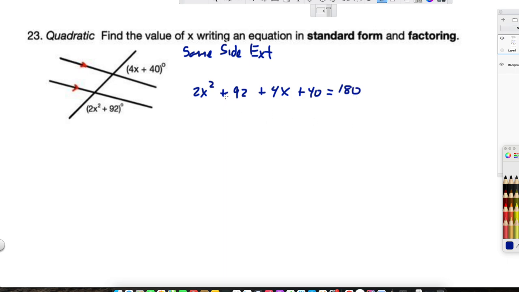Couple things I could do here. One, I'll just add like terms, I guess. We need to get this in standard form. Why did I write 9x?